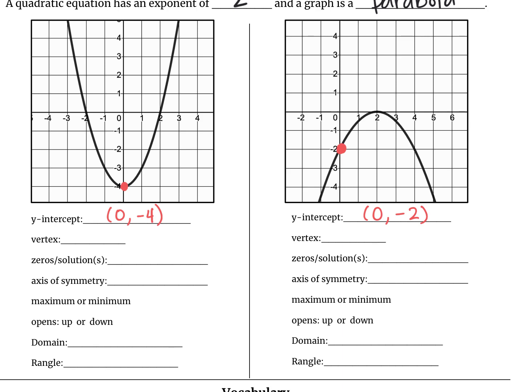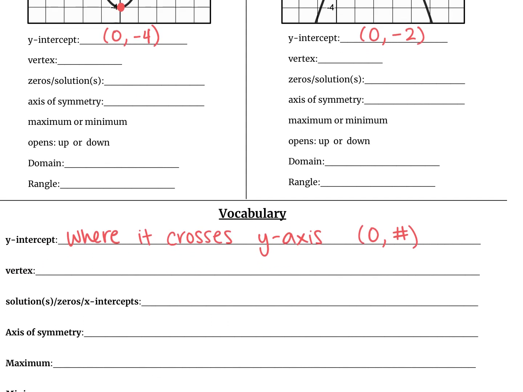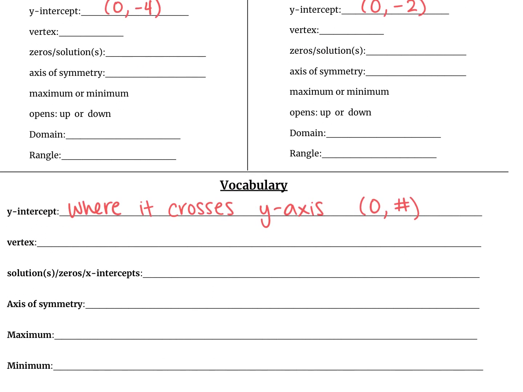All right, next we have what is called the vertex. So we're going to go down here and define our vertex. The vertex is the highest or lowest point on a graph.